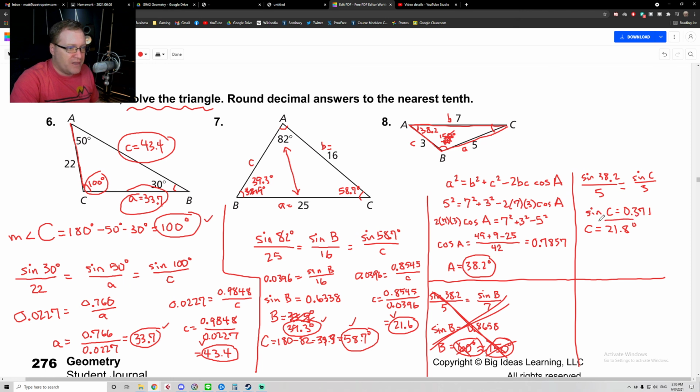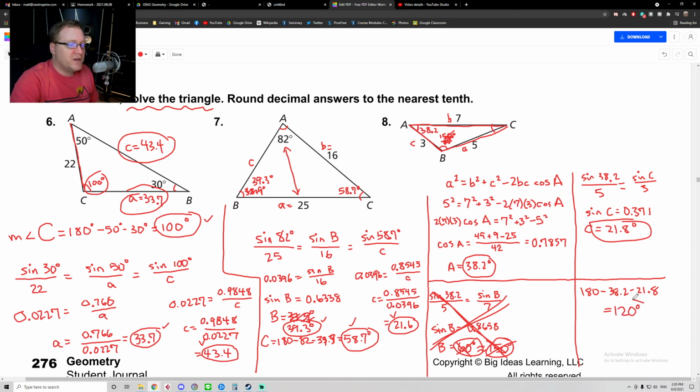Now let's find B, because we know that 180 minus 38.2 minus 21.8 is going to give us 120 degrees. Yes, 120.